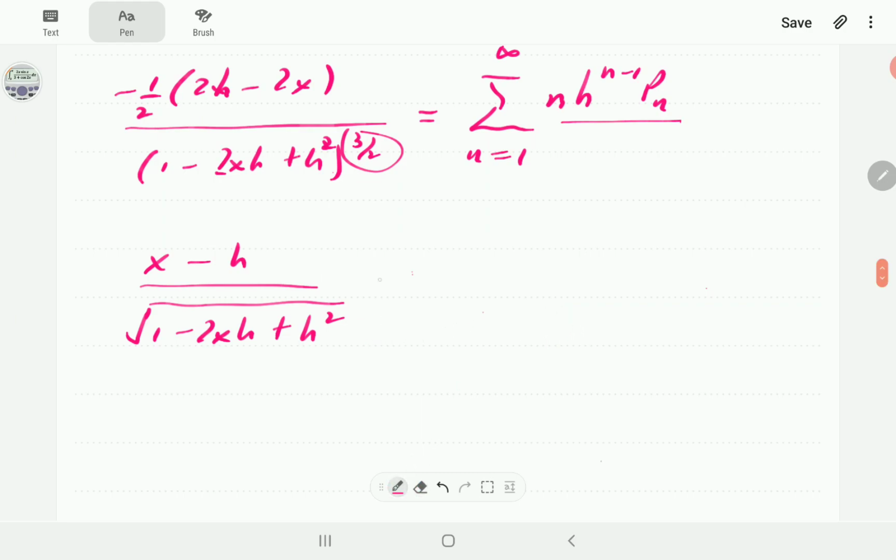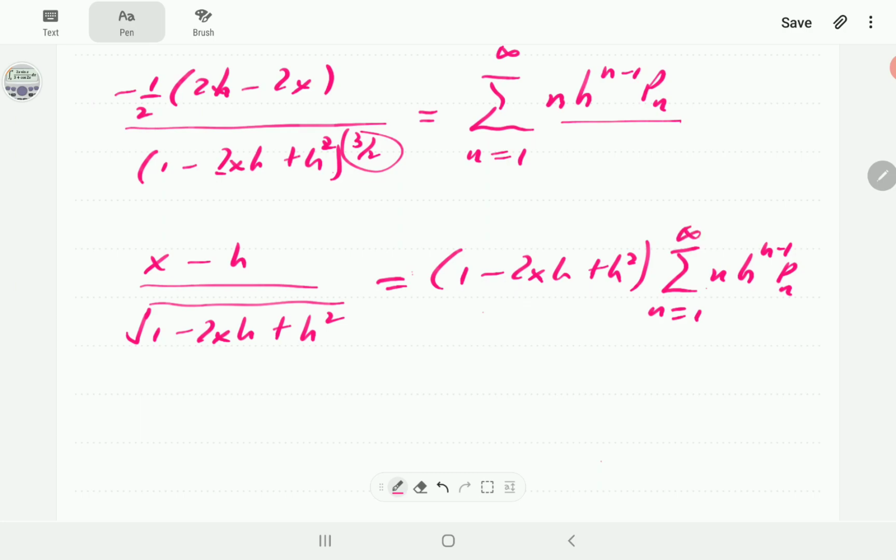So then our equation is going to look like this. Then the summation of n times h to the power n minus 1, n from 1 to infinity.